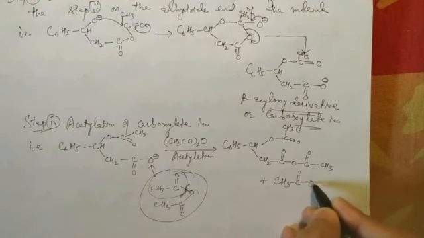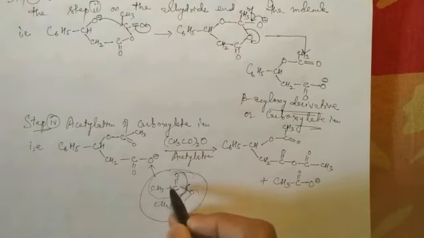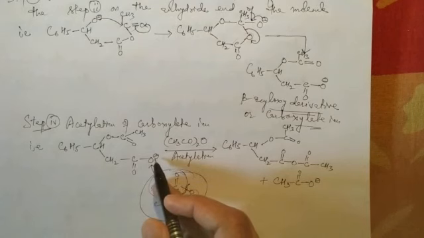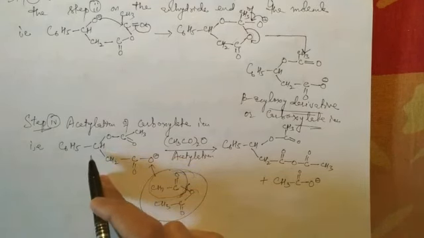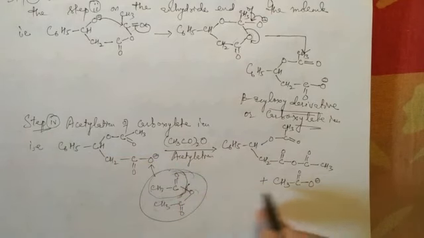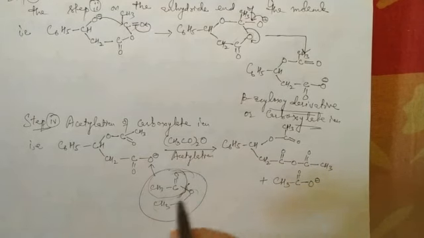One part of this anhydride has been attached to the negatively charged oxygen of this carboxylate ion, and the other remaining portion is released as an ion, the acetate ion.